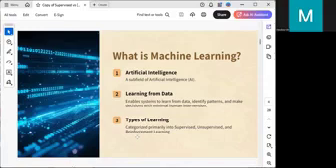Next is how we are going to make the machine learn. We are going to make a machine understand this concept. The machine does not know what the human being thinks. We have to train the machine in such a way that it can understand what we think.